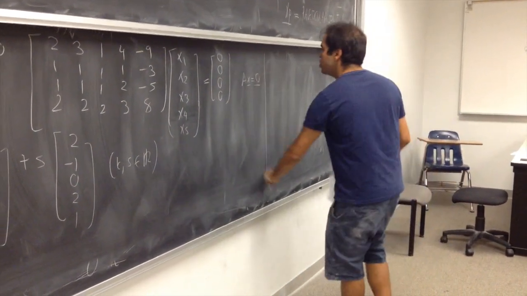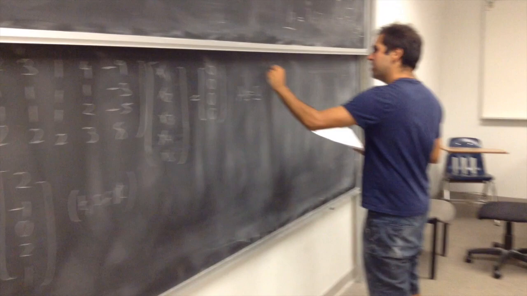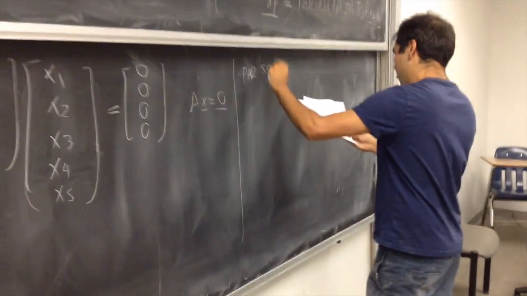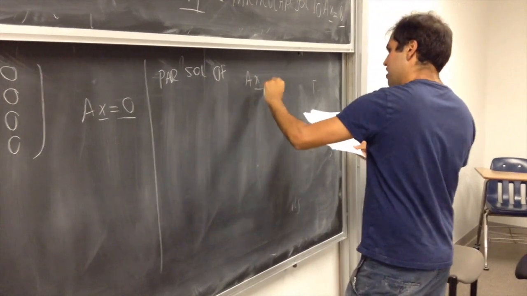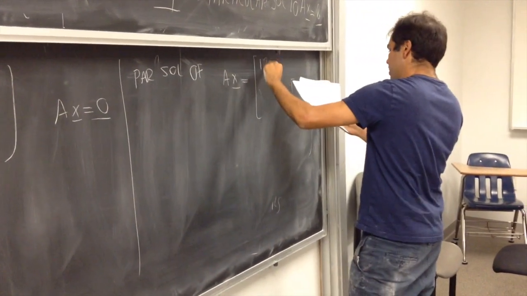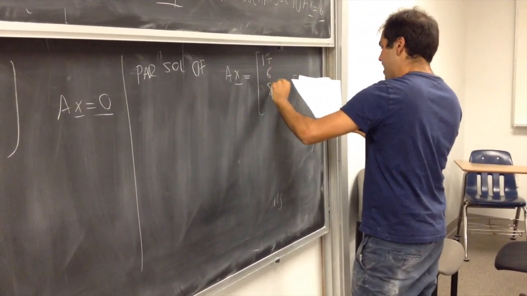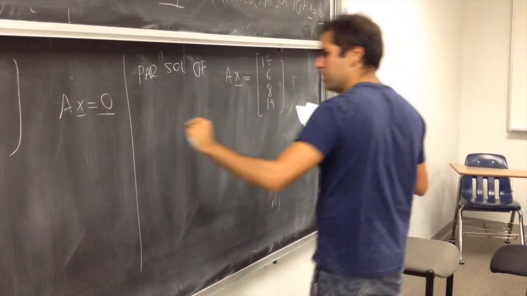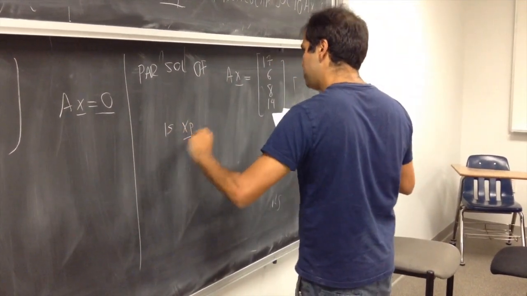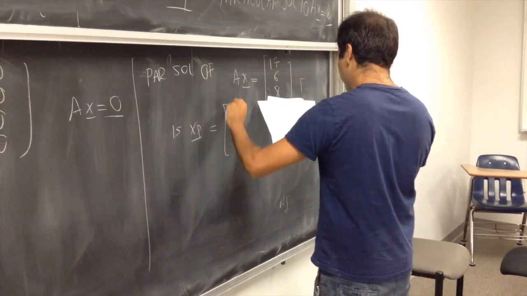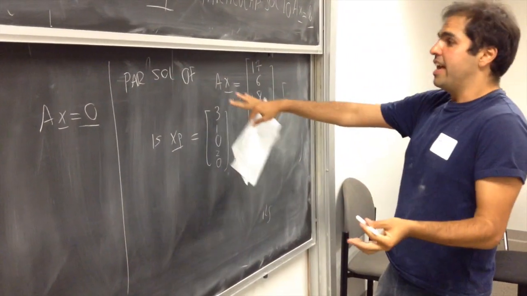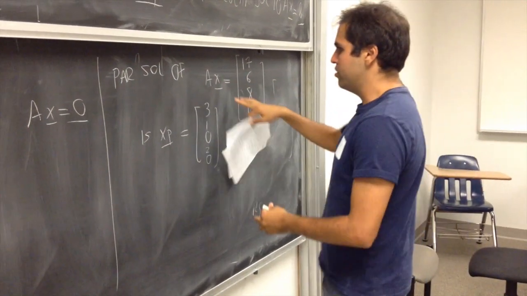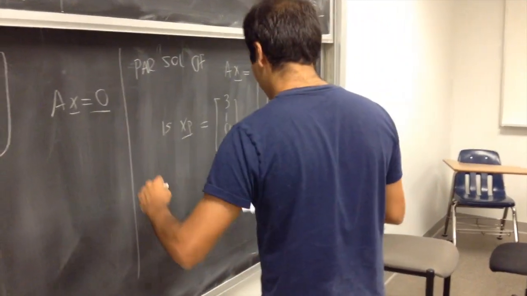And let's say, just out of the hat, you find that a particular solution of AX equals 17, 6, 8, 14 is xp equals 3, 1, 0, 2, 0.